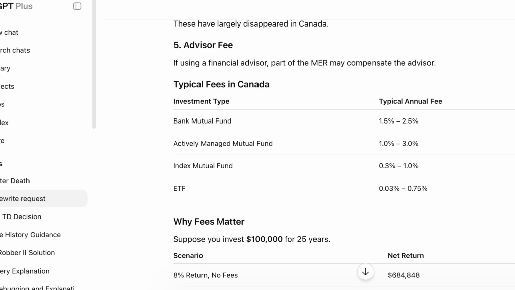It could vary between 1.5 and 2.5%, an active mutual fund maybe 1% to 3%, because they are actively managing the funds. An index mutual fund is 0.3 to 1%, and an ETF, an exchange traded fund, is very low, like 0.03% to 0.75%.